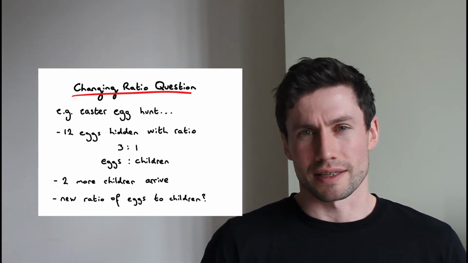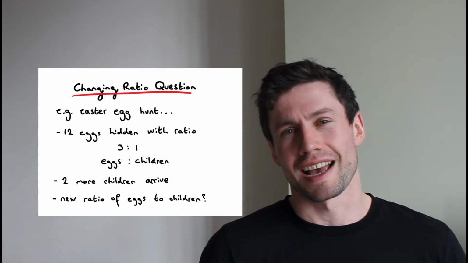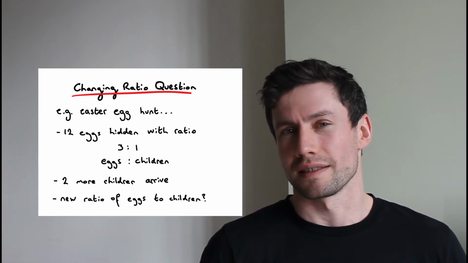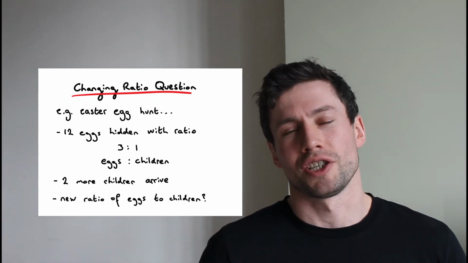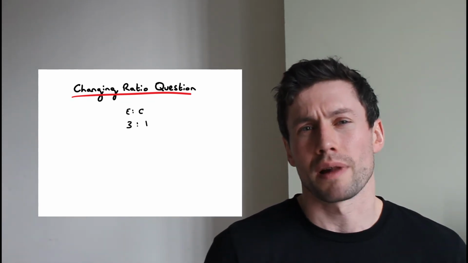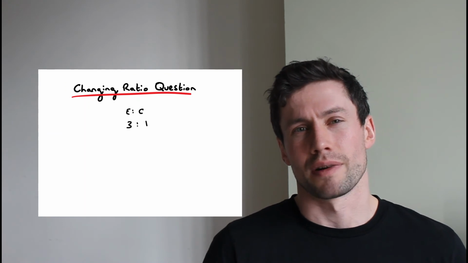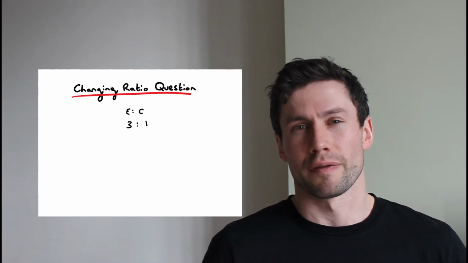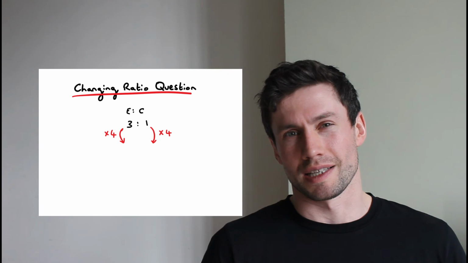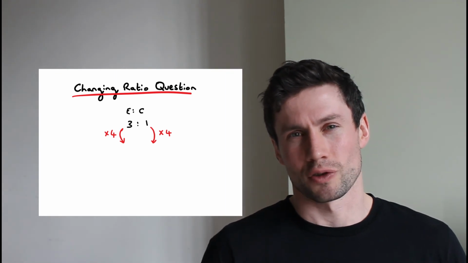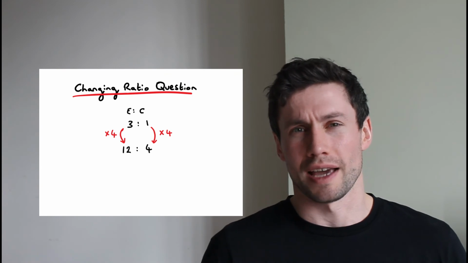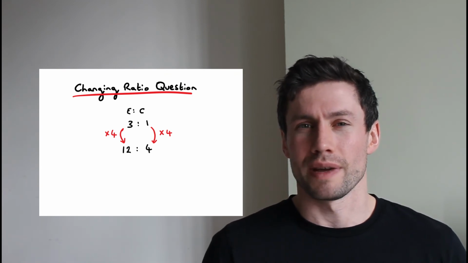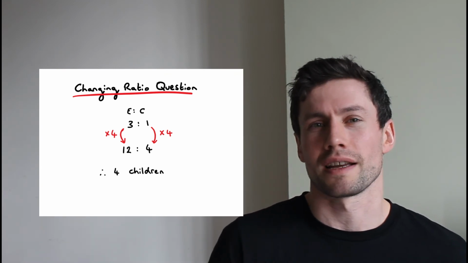In order to complete this question, you want to work out the exact values of, in this case, children and eggs in this scenario. We can manipulate the ratio of 3:1 by multiplying both sides by the same number. This is the opposite of simplifying it, and we multiply both sides by 4, giving us the ratio of 12:4. This clearly tells us that if there were 12 eggs, which there are, there would be 4 children in this Easter egg hunt.